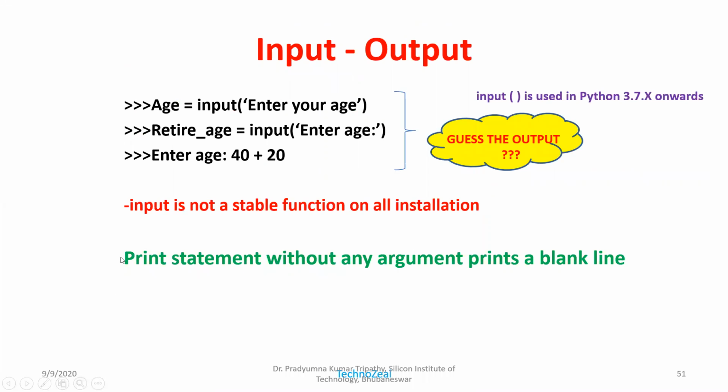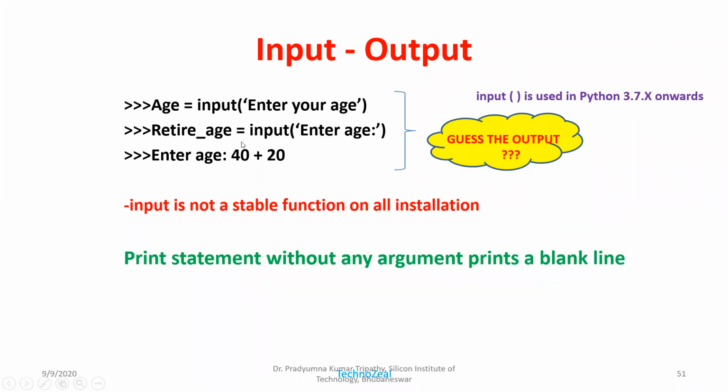So next, in 3.7 onwards, or we can say 3.7, 3.8, all these, we are using the input function. I just use the input function to input it, and then we do some computations. Here also you have to typecast actually.